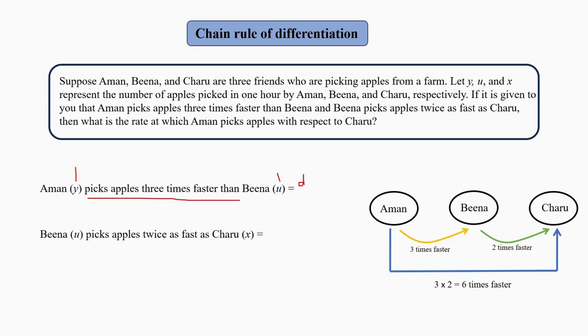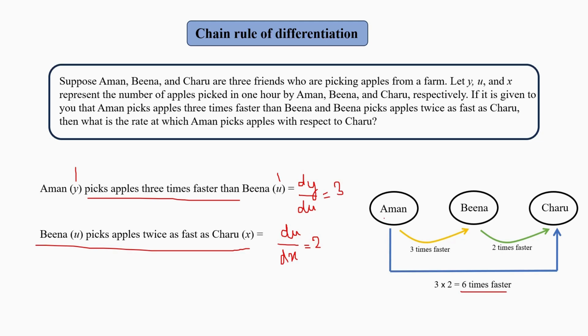You can say dy upon du is equals to 3. Similarly, Beena is twice as fast as Charu. So du upon dx is equals to 2, right? And what we calculated earlier, we see that Aman is 6 times faster than Charu.